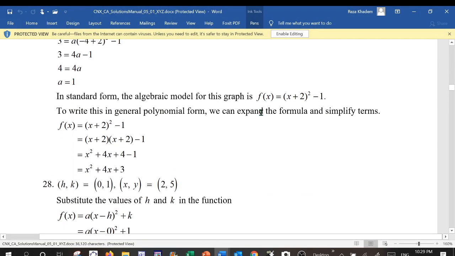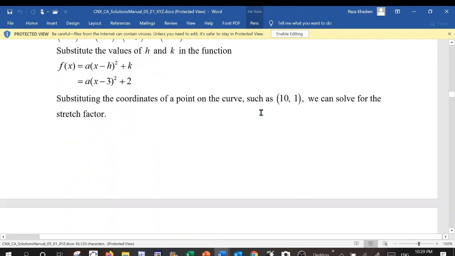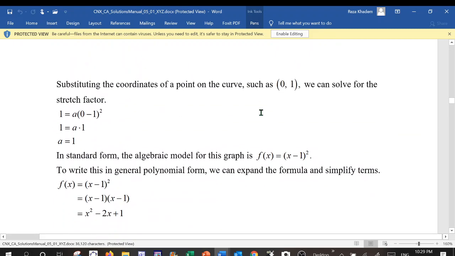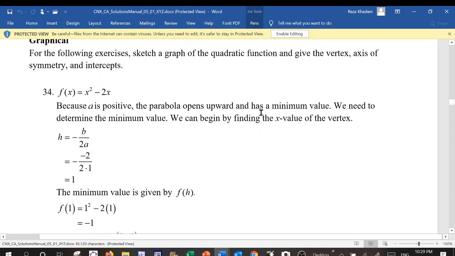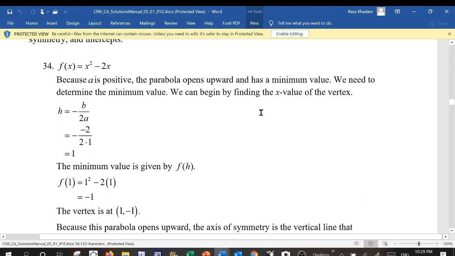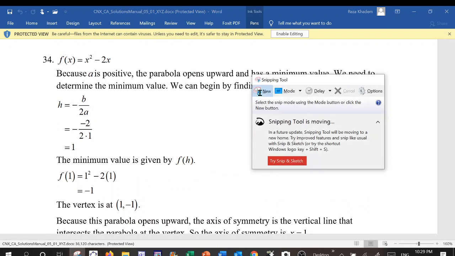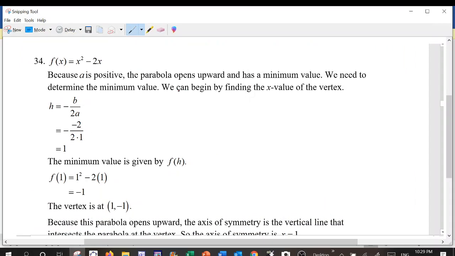Now 30, let's do one in this category here, 34. It says sketch a graph of the quadratic function and give the vertex, axis of symmetry, and intercepts. Okay, so let's do this right here.